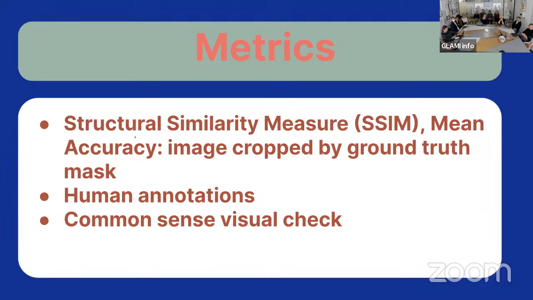Besides these, let's call them statistical metrics, we also used some human annotation metrics. We asked the annotators the same thing we asked them at the beginning. We showed them the models, and we asked them if any of those segment the original image well enough. And of course, it's always a good thing to check your results visually.